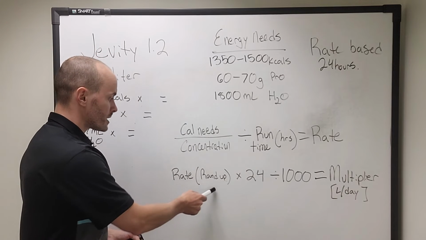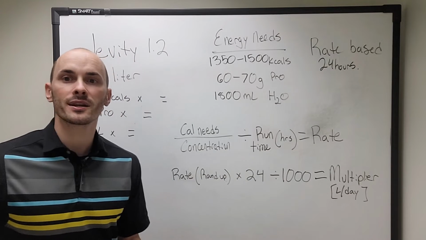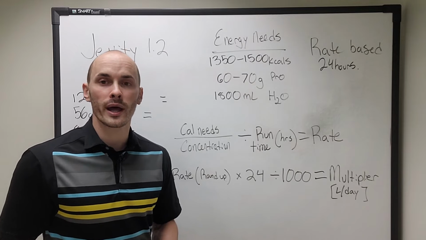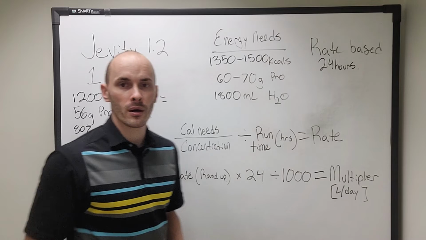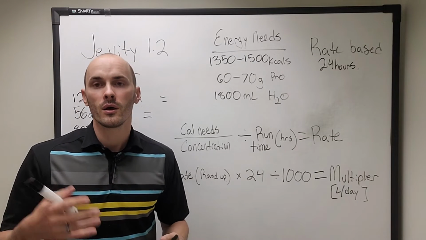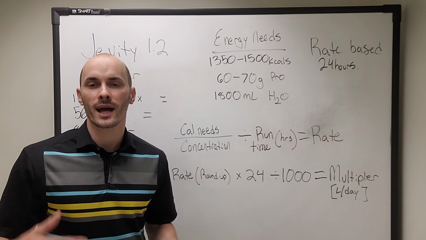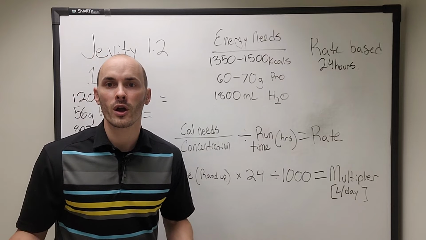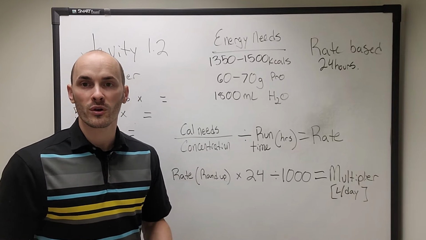Then we're going to round up and run it through this second equation, and that's going to give us what I call our multiplier. And then we use that number with our formula to determine, based on our rate that we've decided on, how many calories, protein, and water our prescription or our regimen will provide.